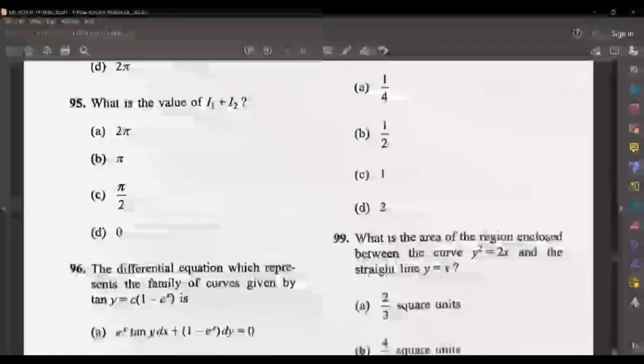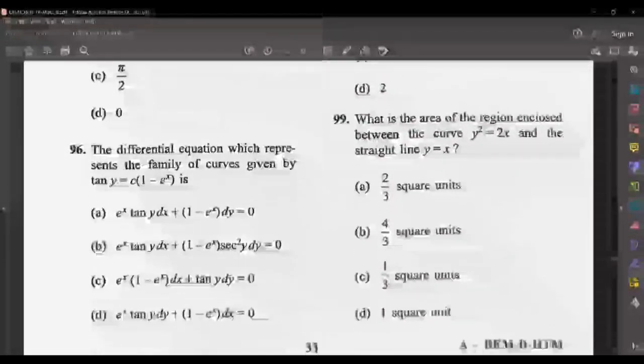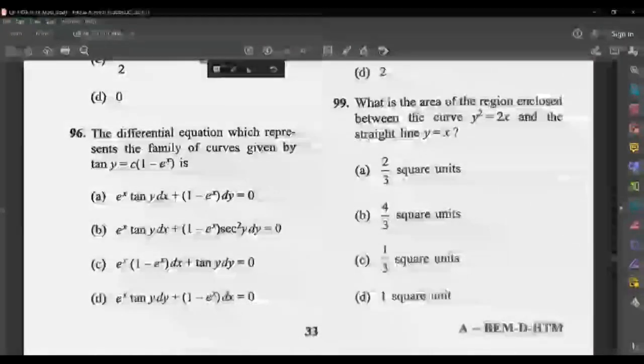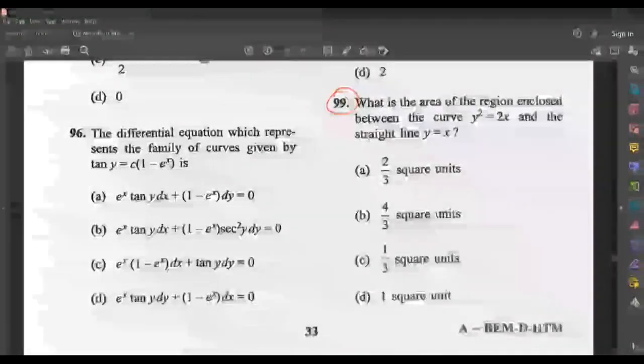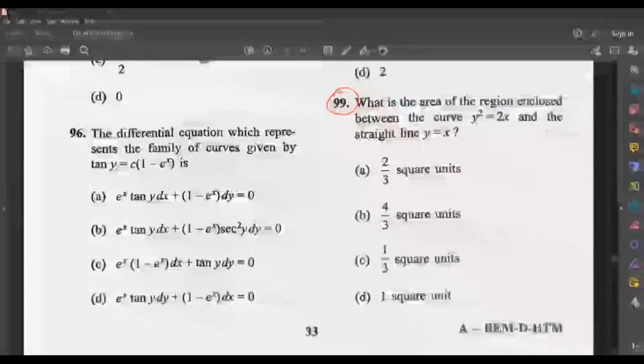What is the area of the region enclosed between the curve y square is equal to 2x and the straight line y is equal to x?